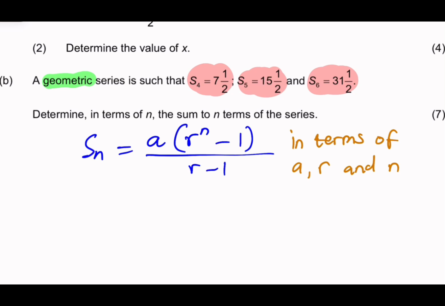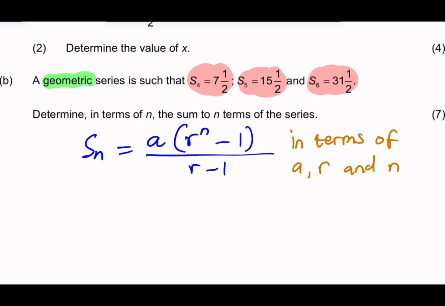So the question is happy for you to find a and r, but you don't want anything left in terms of a and r. It wants just in terms of n. So our task is basically to find a and r for this geometric series using the given information over there.